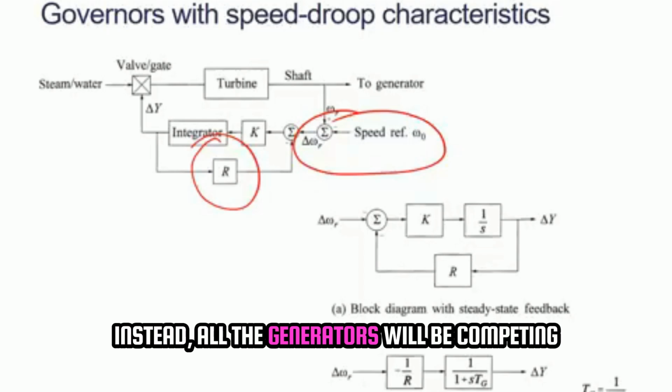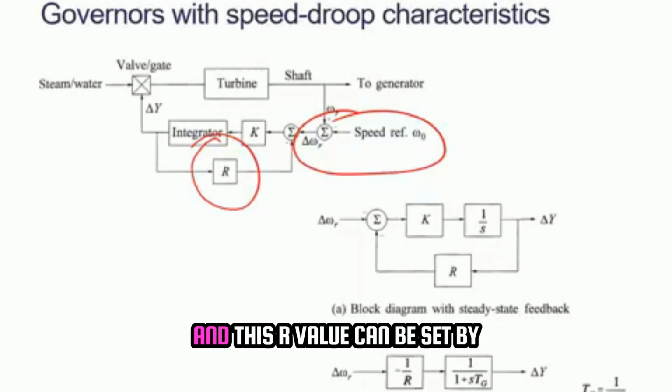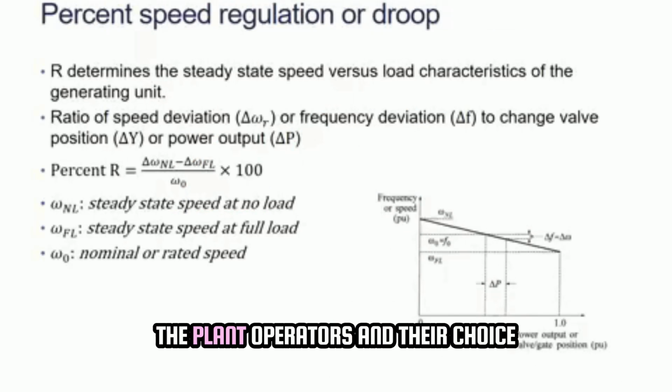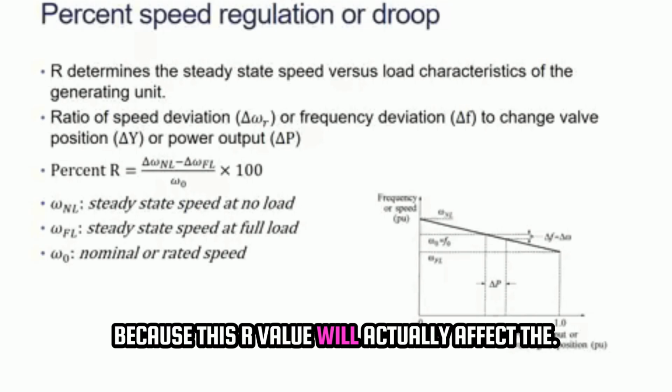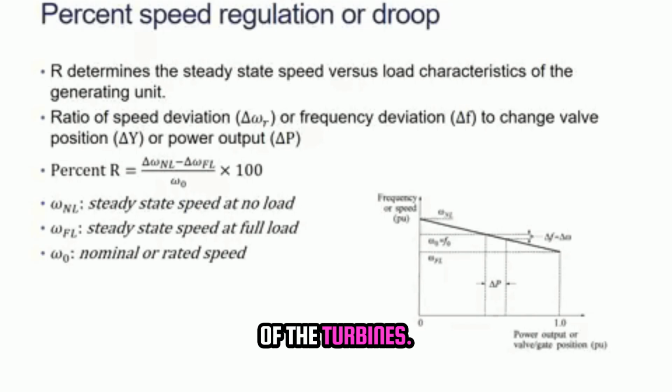Instead, the generators share the load based on this R value, and this R value can be set by the plant operators as their choice, depending on how much they want their generator to change, because this R value will change the valve openings of the turbines.